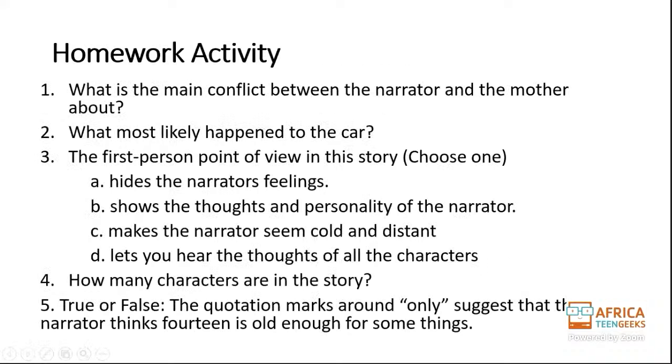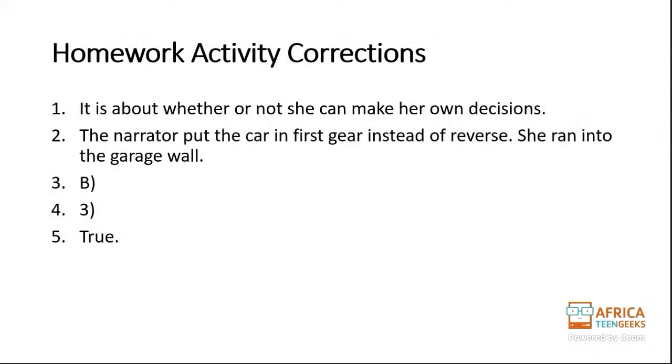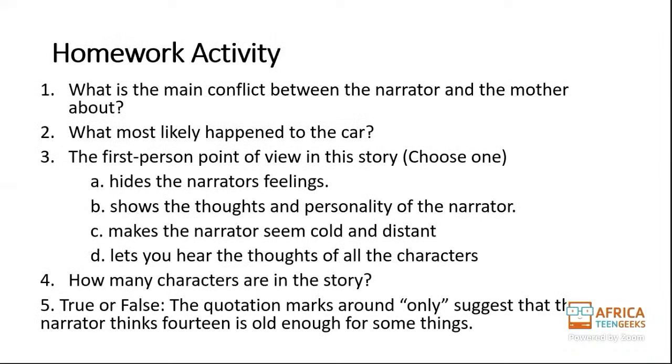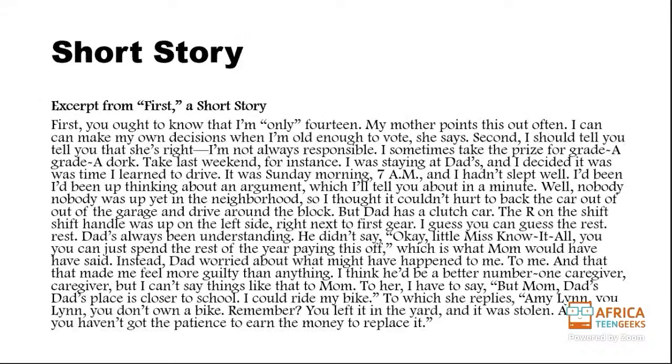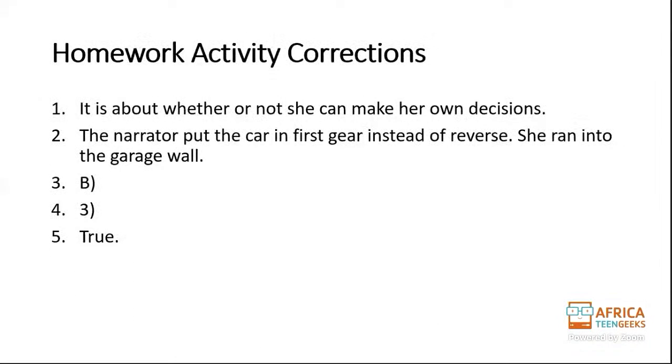Okay, the first question says, what is the main conflict between the narrator and the mother? What is the conflict about? So the answer is that the conflict is about whether or not she can make her own decisions. If you wrote that answer or anything related to that, especially talking about her making her own decisions, then you can mark it correct.